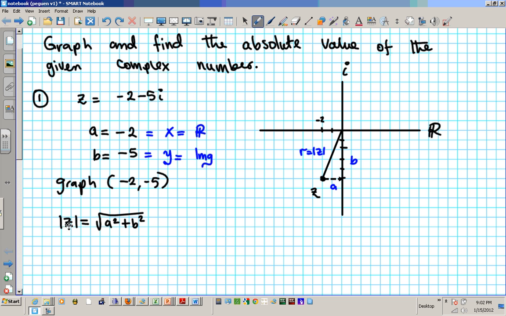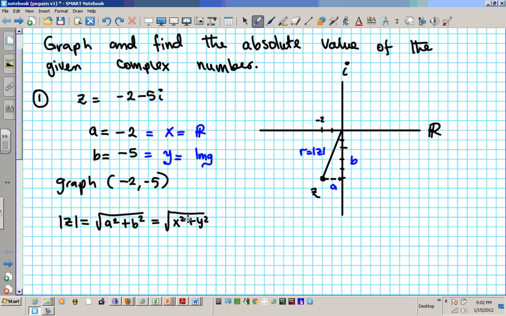Remember, this is c squared, right? If you take the square root of both sides, you end up with this, which is the same thing as what we used before, the square root of x squared plus y squared. Remember that a is the same thing as x and b is the same thing as y.